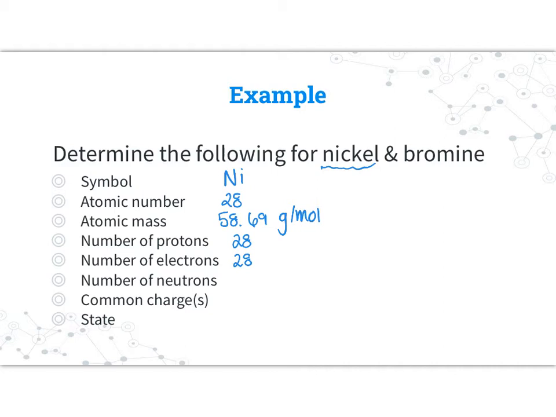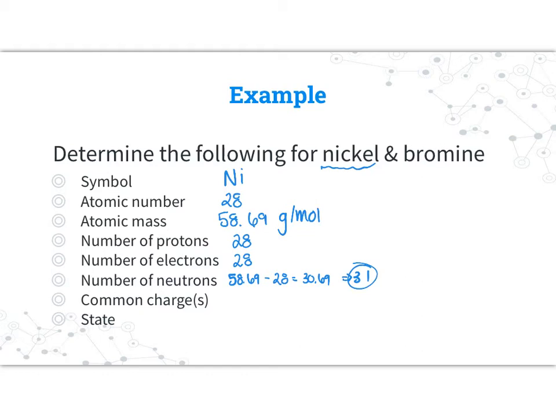If I want to calculate the number of neutrons, remember that would be our atomic mass, 58.69, take away the number of protons, 28. We're left with 30.69, which we need to round to a whole number. Therefore, I would round up to 31 neutrons.